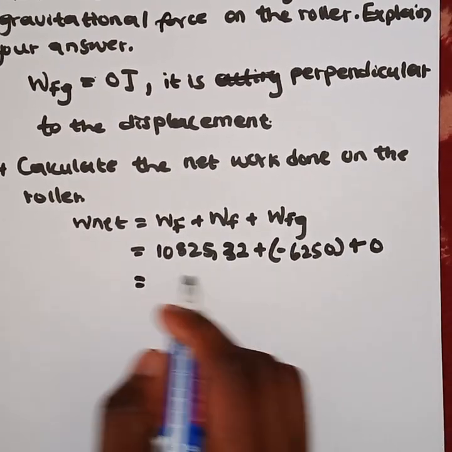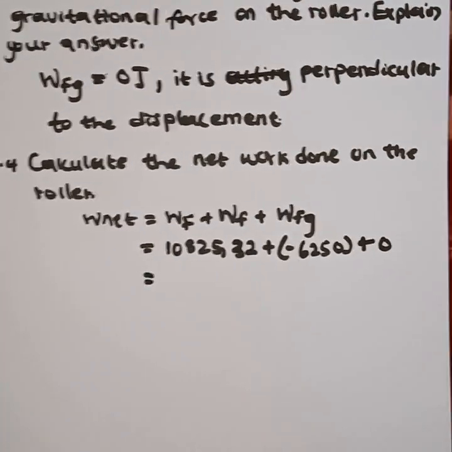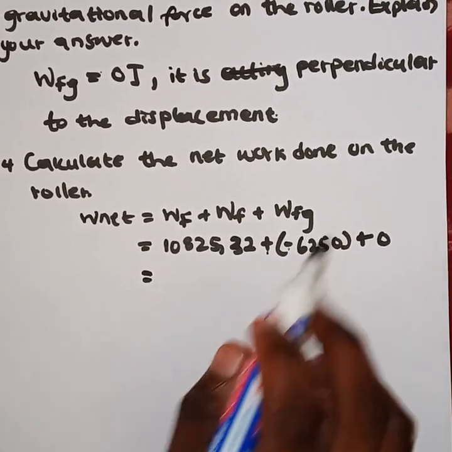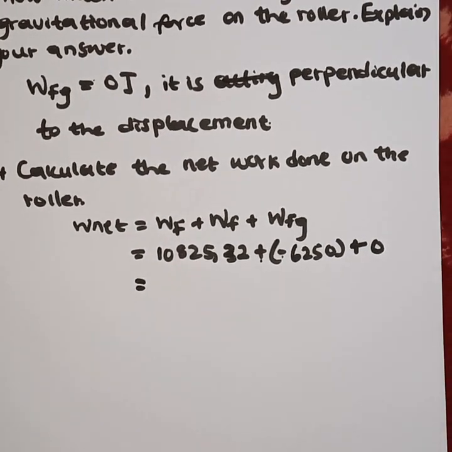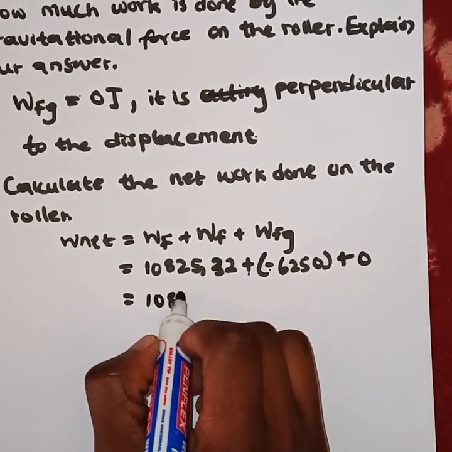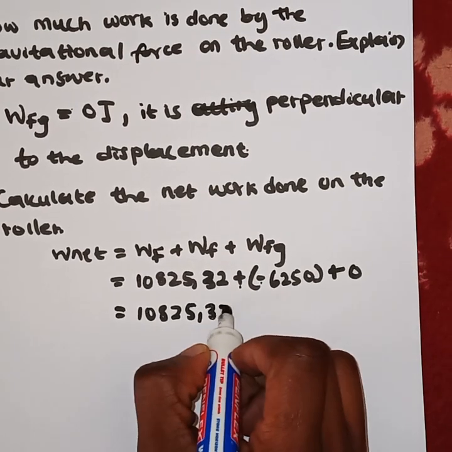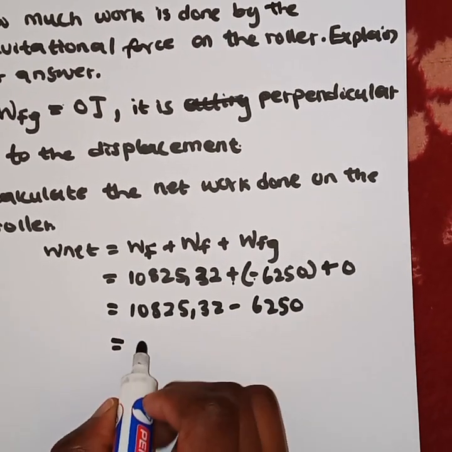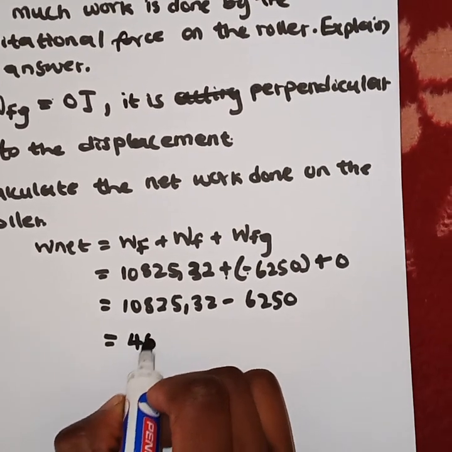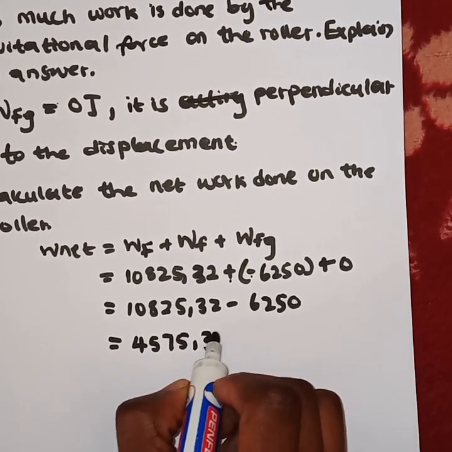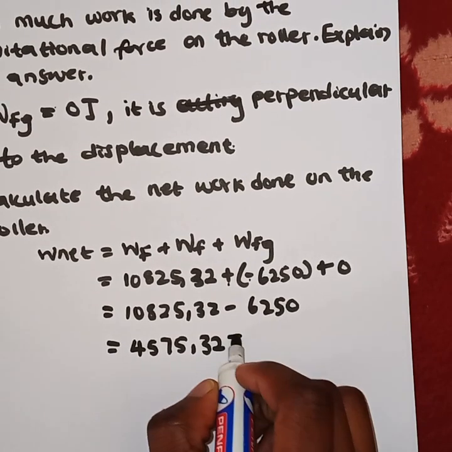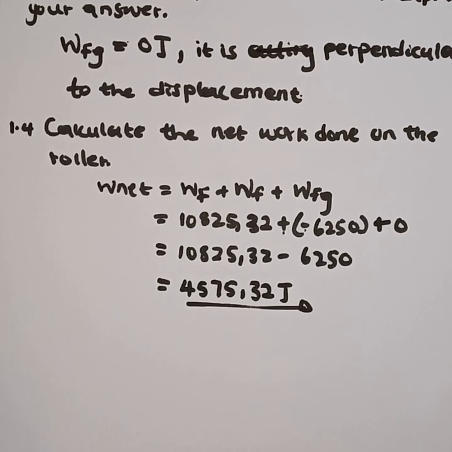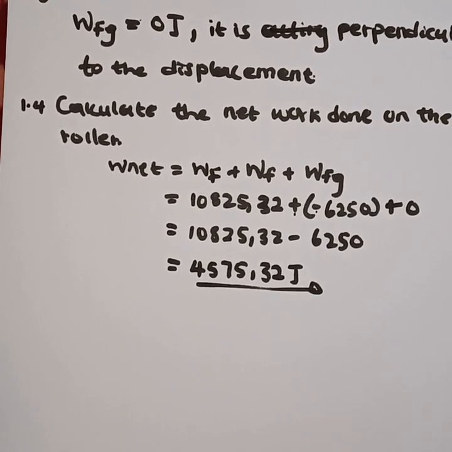So now you just add. If you multiply the positive by the negative, you get a negative, so you just subtract: 10825.32 minus 6250, and you will get 4575.32 joules. Then we are done. We just got our work net.